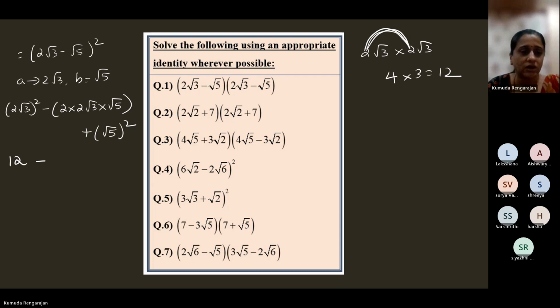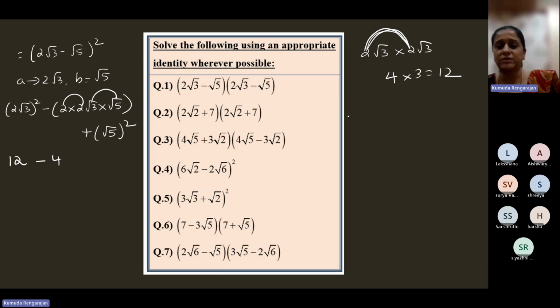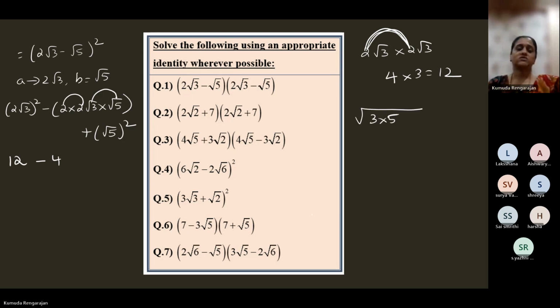Minus 2 2s are 4, root 3 into root 5. Both are surds of the same order, so square root of 3 into square root of 5 can be written as square root of 3 into 5, so square root of 15. 2 into 2 is 4, 4 root 15.